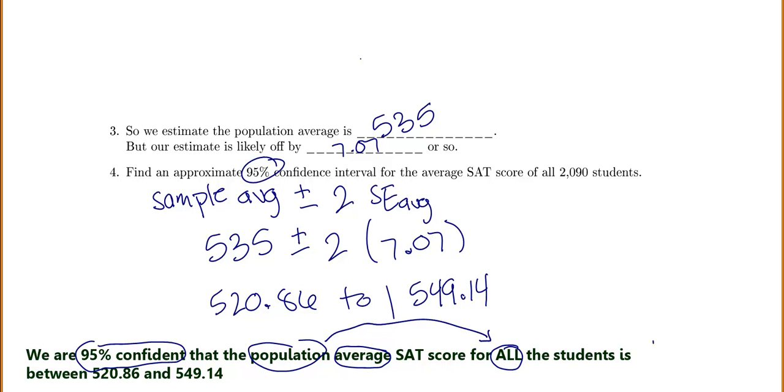You need at least one of those two words. So for all the students, that just tells me that's the population average. Sometimes I'll put them both in, but you need at least one of those words so that I know you're talking about the population. So you either have to say population or you have to say all. So those are keywords that you need to put in your interpretation. And once again, we're going to give the interpretation for every single problem we do.